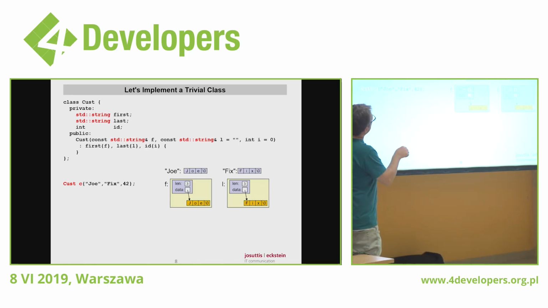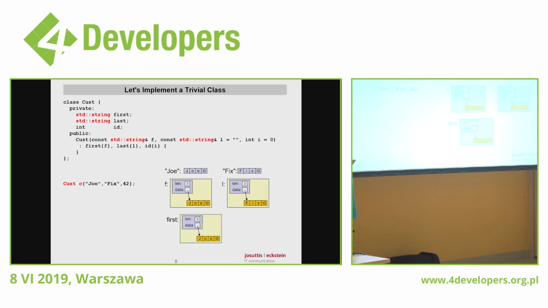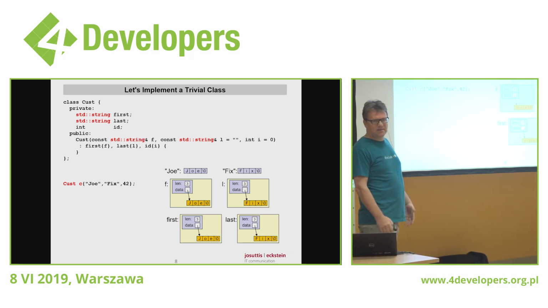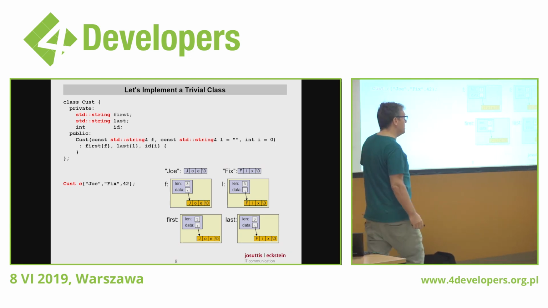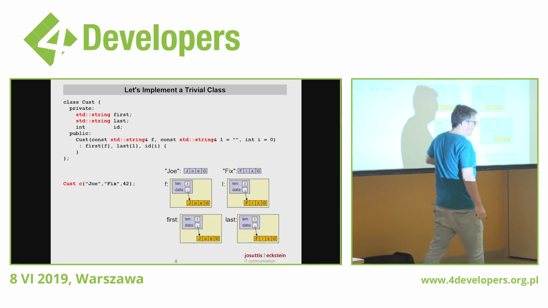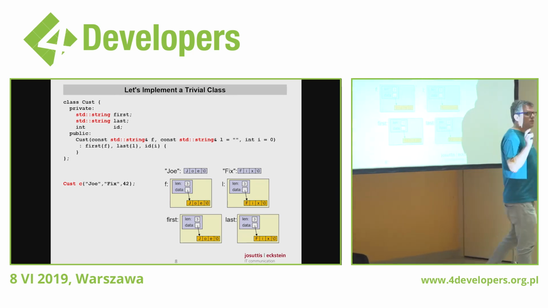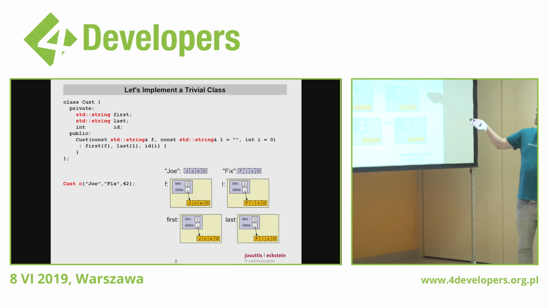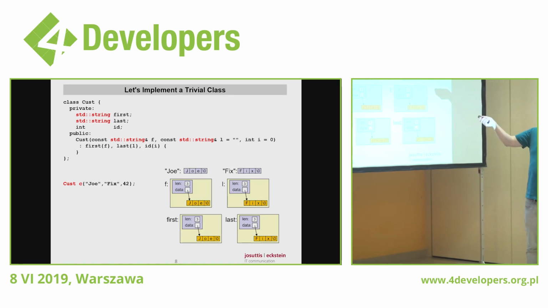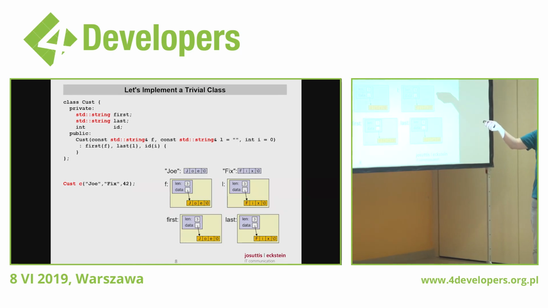And then we can use these two strings to initialize the members first and last, which means we have to copy them into first and last. So that's the next two copies, the next allocations, because a copy is a full copy of the thing before, even with Move Semantics, if you heard about that, because this is an object with a name, and there's no optimization saying that this can lose its value.